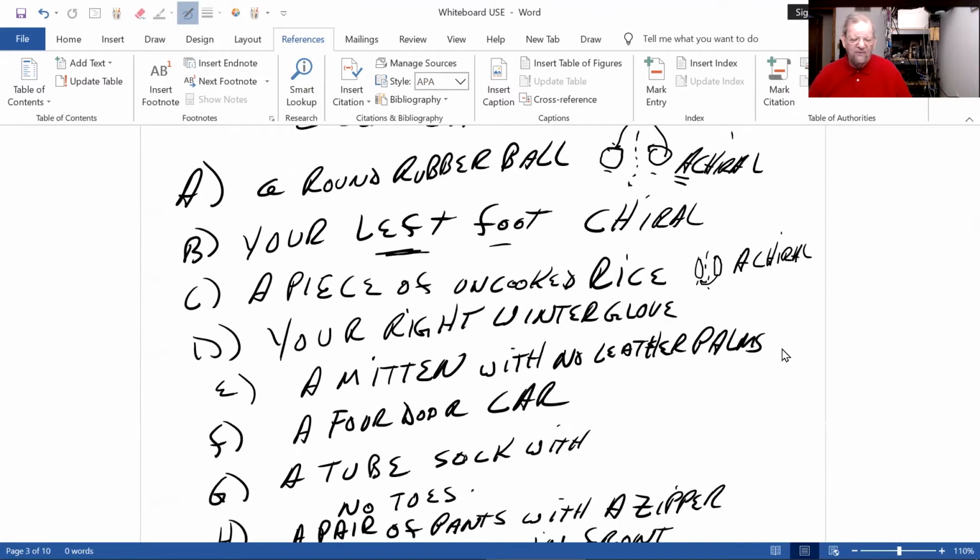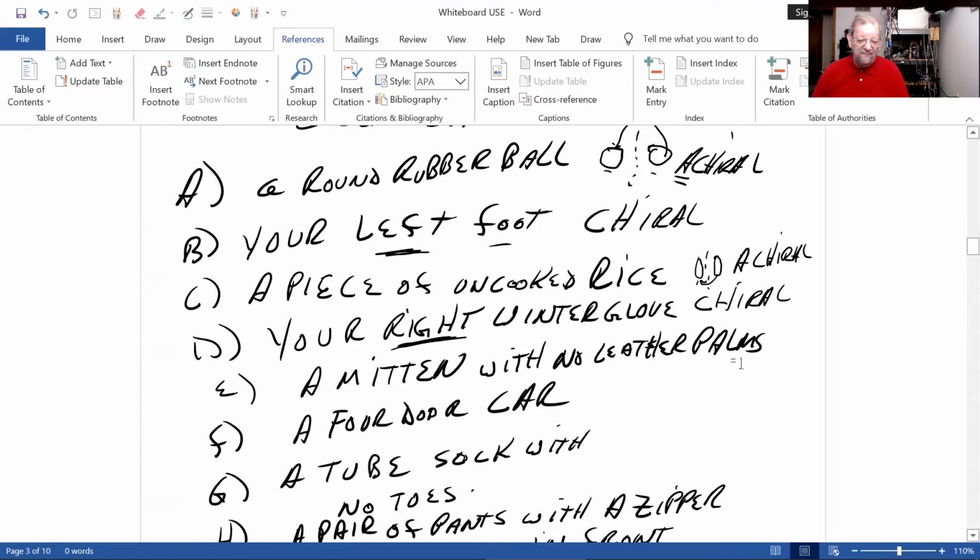Your right winter glove. As soon as you see the word right, you know it's chiral. And how else can you tell it's chiral? Well, it turns out chiral things interact only one way with other chiral things. If you try and put your left winter glove on your right hand, it doesn't fit right.